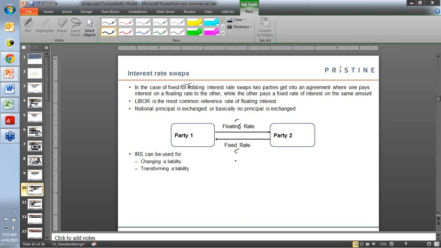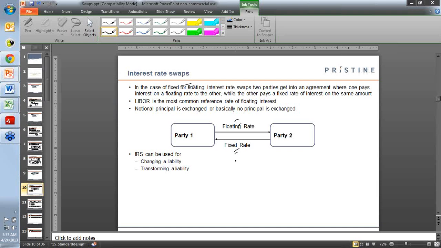This usually happens when two organizations have different natures of liabilities. One has a fixed rate liability, the other has a floating rate liability, and they essentially want to switch those. Also, the magnitude of the liability needs to be almost the same. In that case, they can engage in a swap.